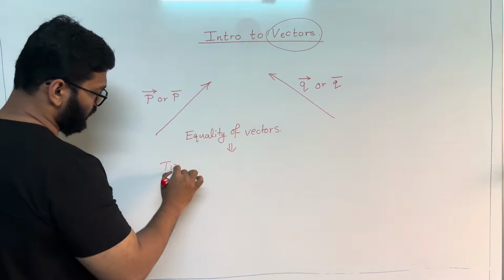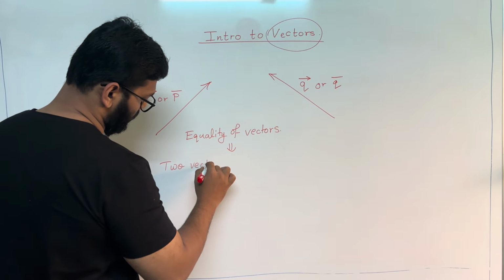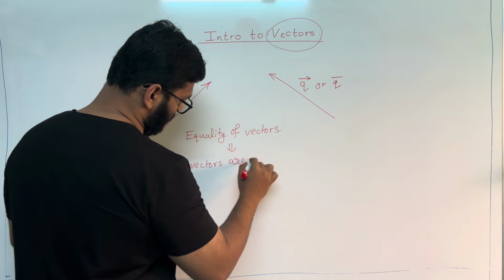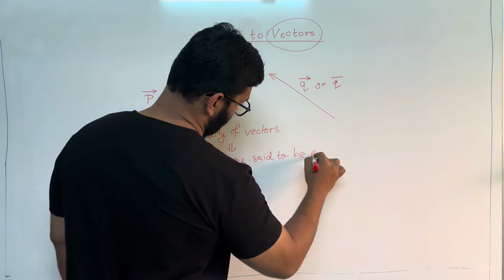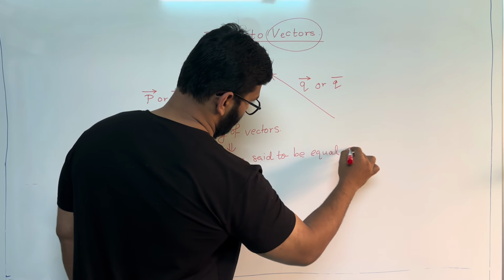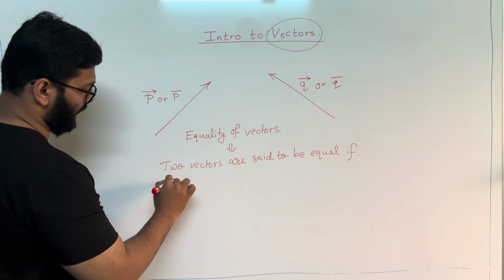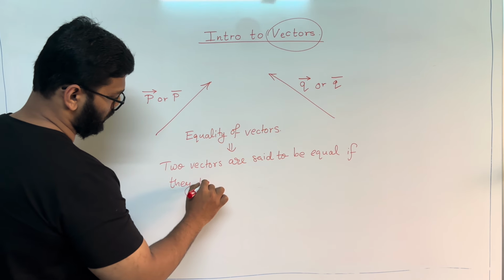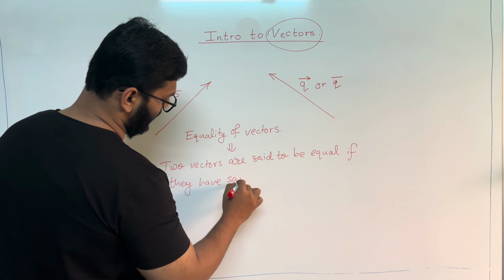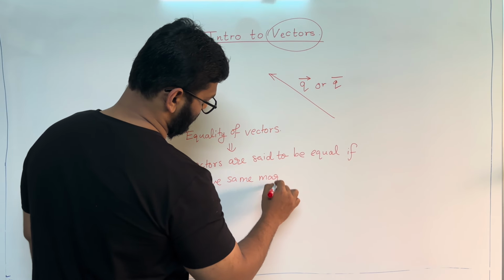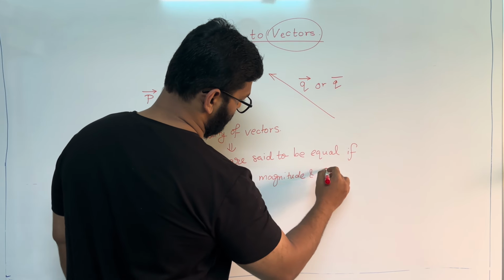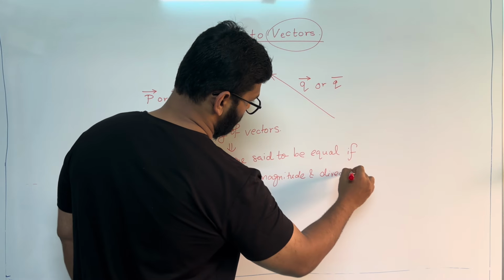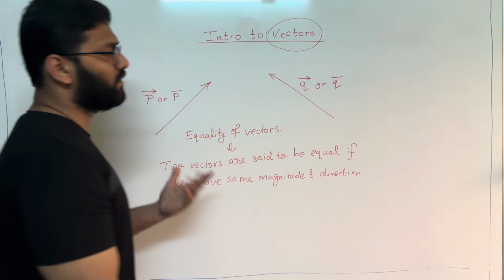Two vectors are said to be equal if they have same magnitude and direction. If they have same magnitude and the direction, then these two vectors are going to be same.